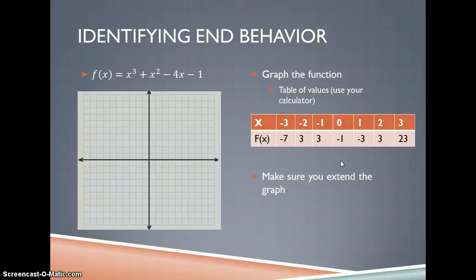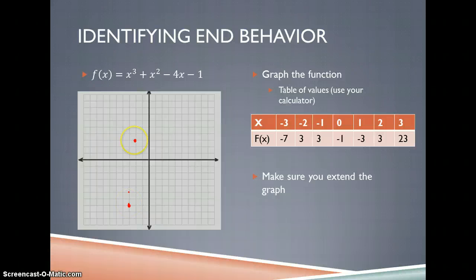So if we look at this function, f of x equals x cubed plus x squared minus 4x minus 1. We have a table of values that we'll use to plot a few points. You'll be able to use your calculators here at school, so that's why I gave you the table of values. So we'll plot those points. Negative 3, negative 7.